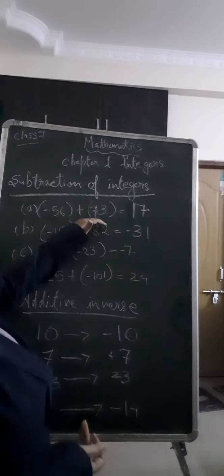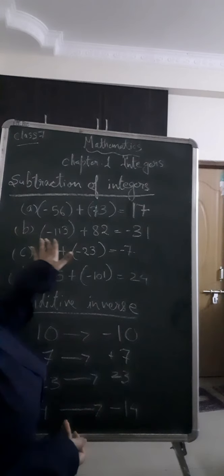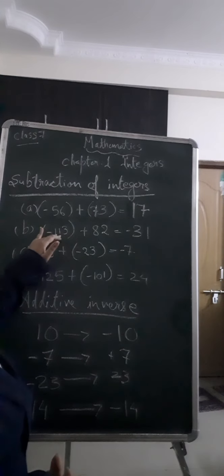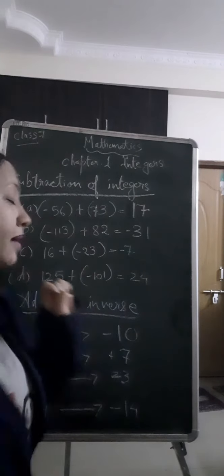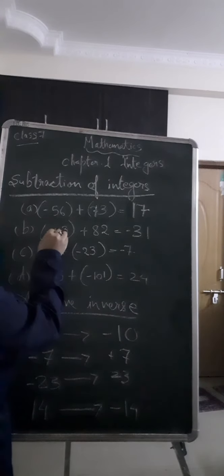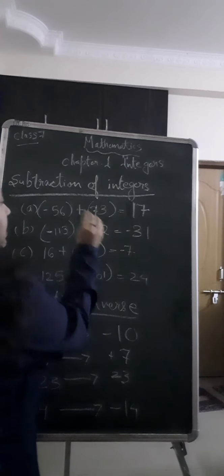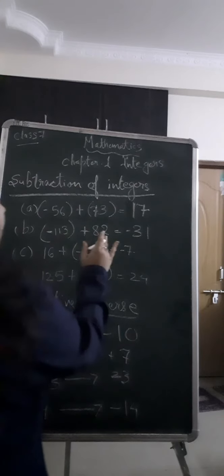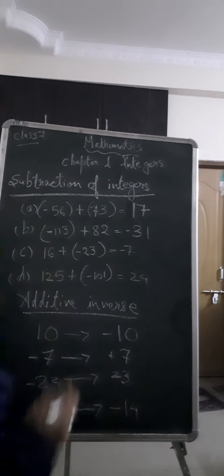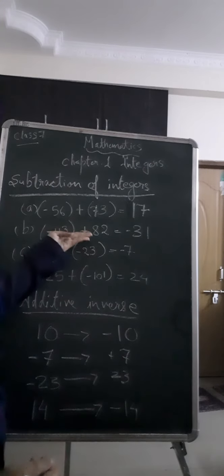Now, children, in question number B, we have minus 113 and plus 82. Here one number has the sign minus and another number has the sign plus. So we will have to deal with these two numbers and perform the subtraction.